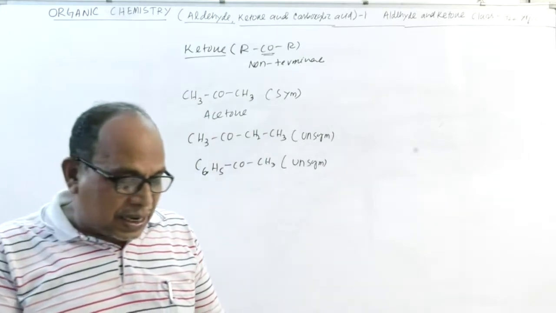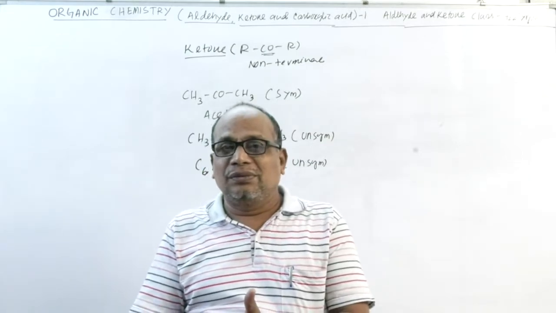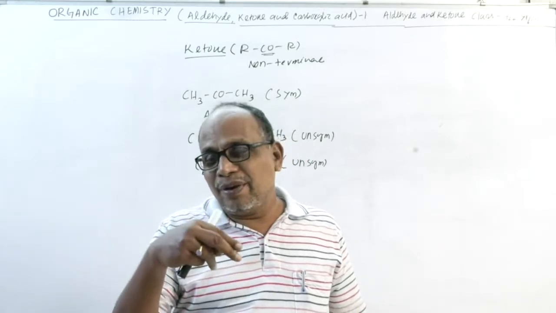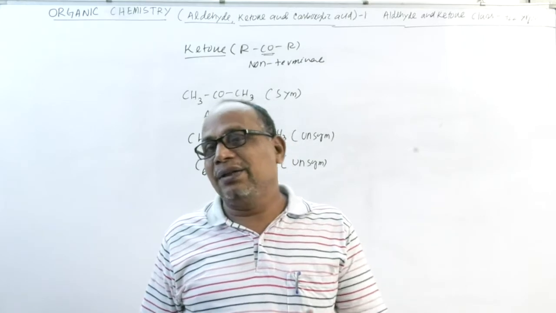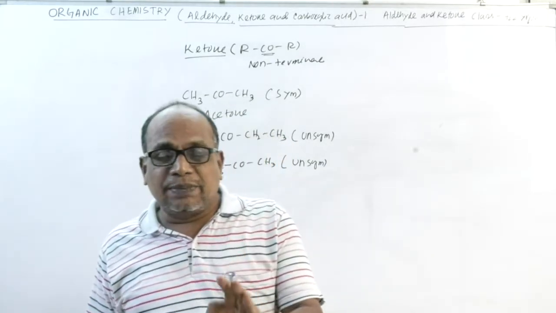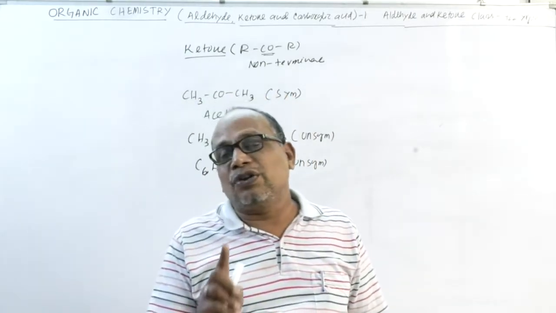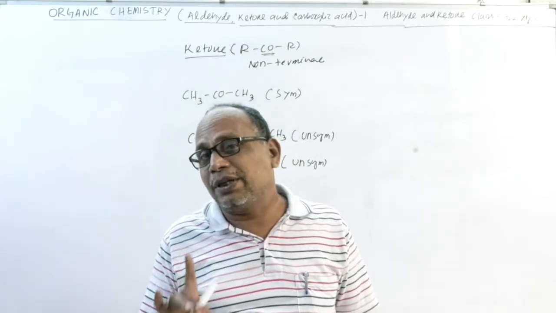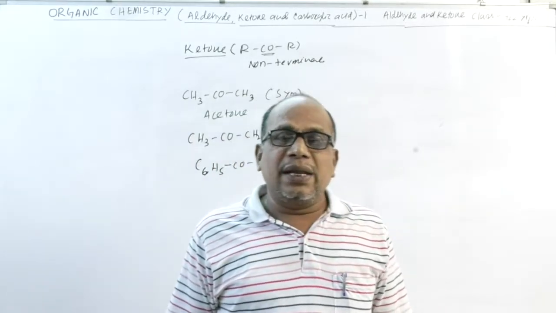Is it clear that aldehydes and ketones are carbonyl group compounds? The carbonyl group means the carbon atom is bonded with oxygen by a double bond and the carbon is bivalent. If one of the valencies of the carbon is satisfied by hydrogen, then you can say aldehyde. That's why the aldehyde functional group is CHO, and it is a terminal functional group, always at the terminal position of the carbon chain of the organic molecule.